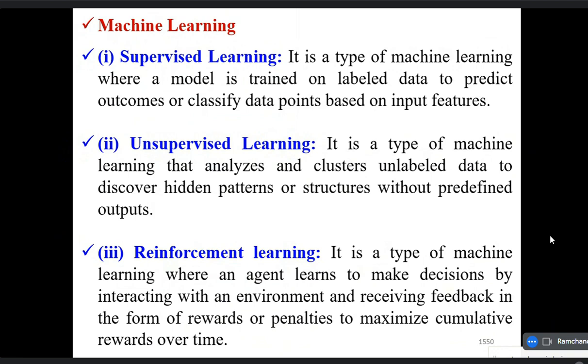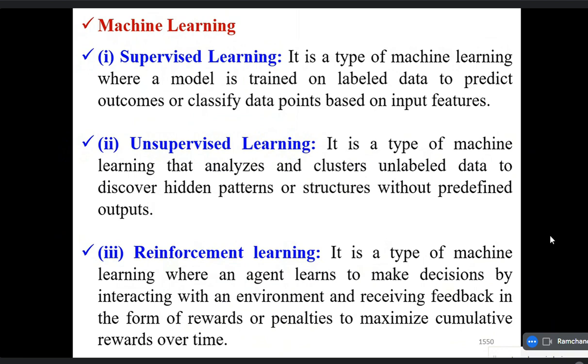Unsupervised learning is a type of machine learning that analyzes and clusters unlabeled data to discover hidden patterns or structure without predefined outputs. That is called unsupervised learning. The best example is clustering. What is meant by clustering? Clustering is unsupervised learning.